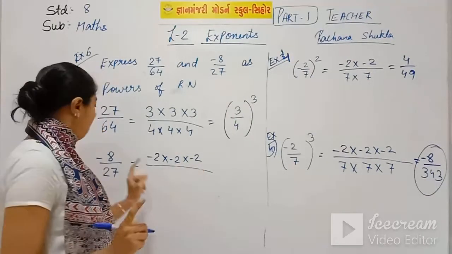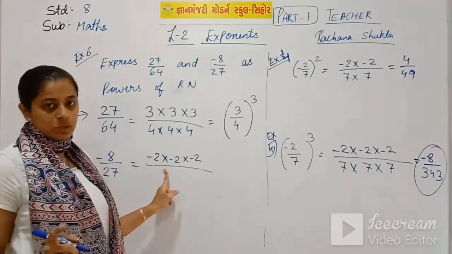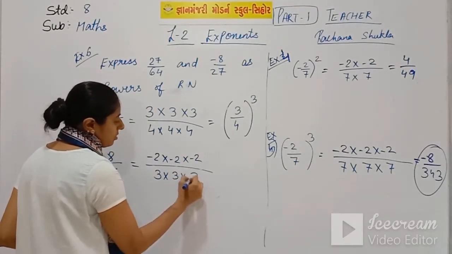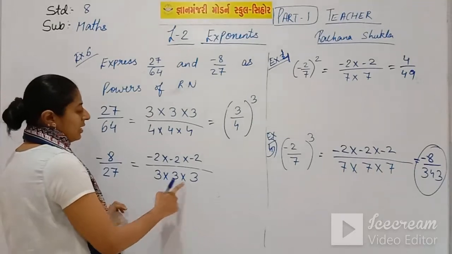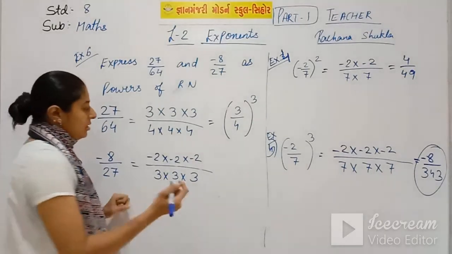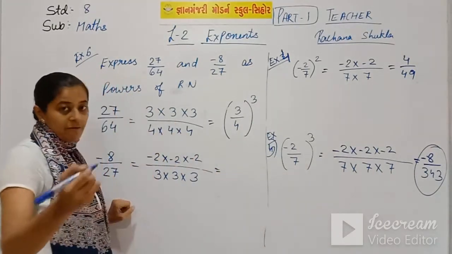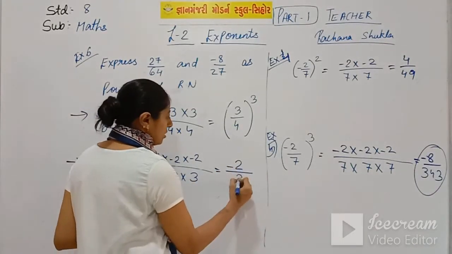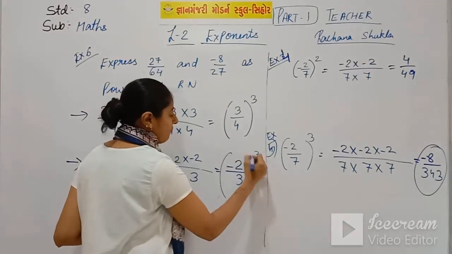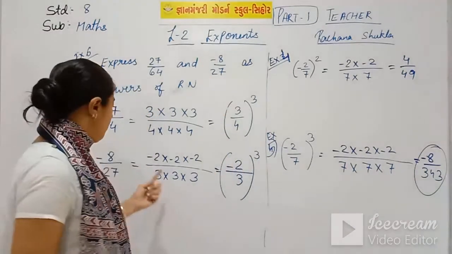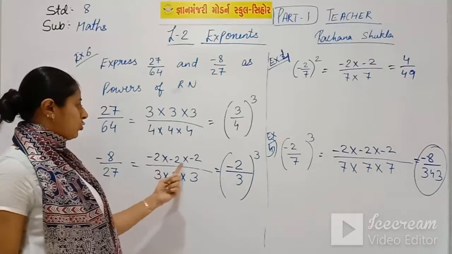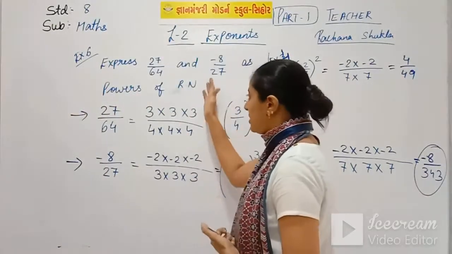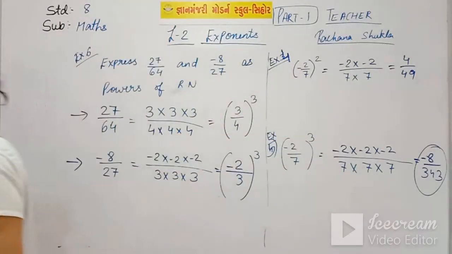But minus 8, therefore, minus 2. 27 means 3 cube. 3 3s are 9, 9 3s are 27. Now how will we write it in power form of a rational number? Minus 2 upon 3 whole to the power 3. Why 3? Because both these numbers are 3 times. So to the power 3. Also note down these 6 sums.